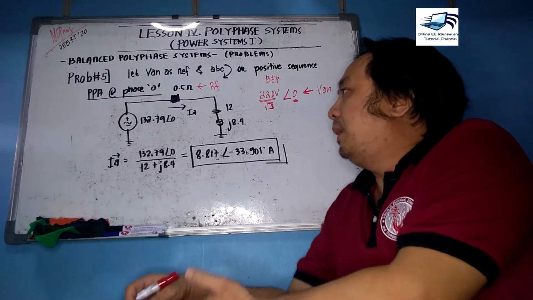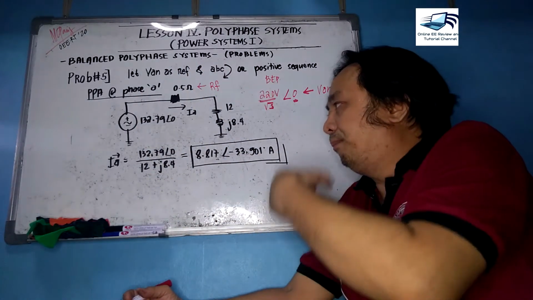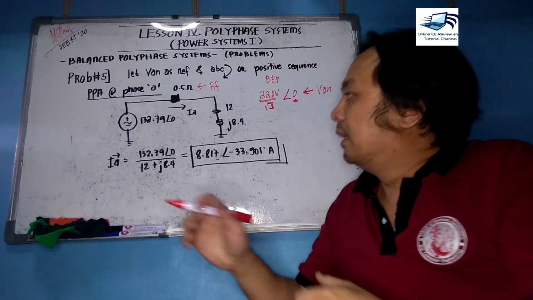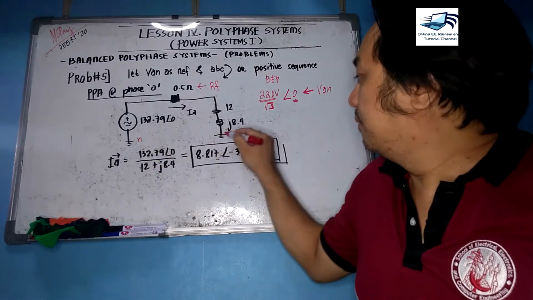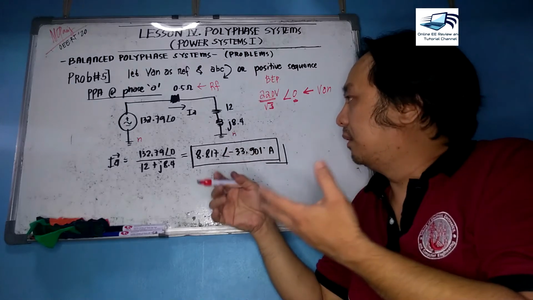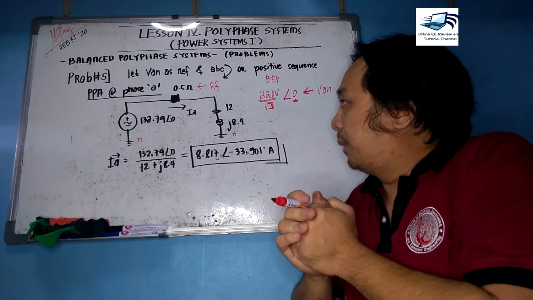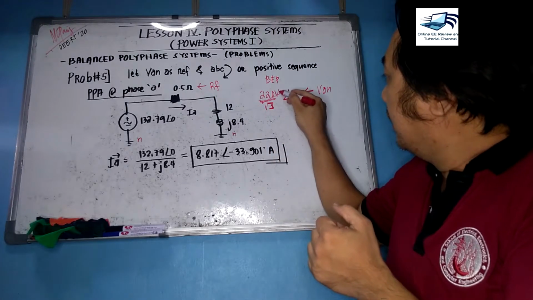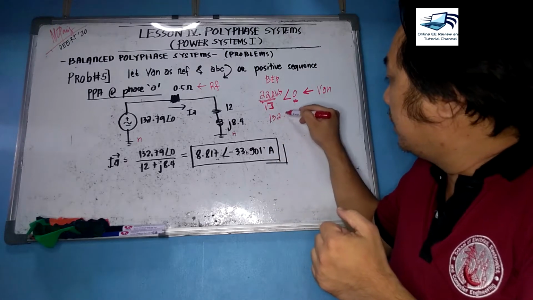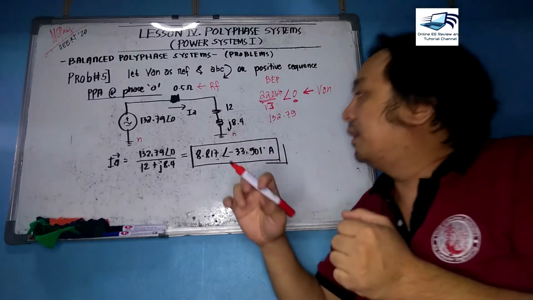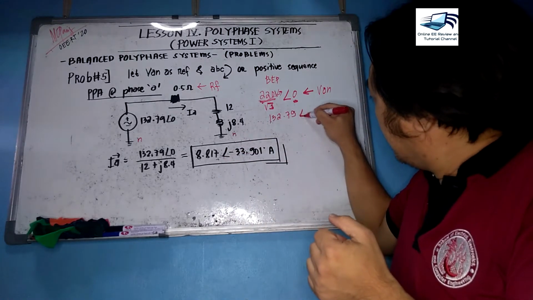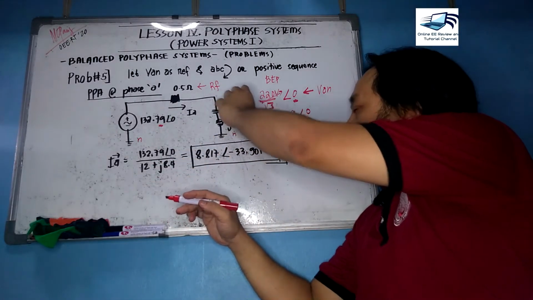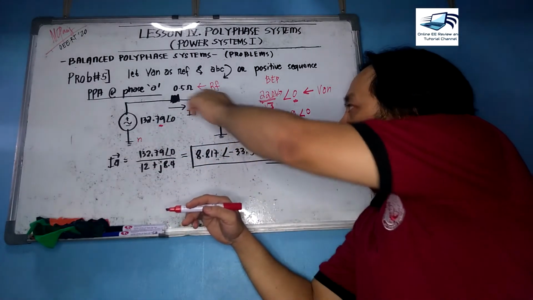And thus, having the per phase analysis of the whole system, we have this power system, the per phase analysis of problem number 5, and 220 over square root of 3 will lead to an answer of 132.79 angle 0. And then this is your Y connected load 12 plus J4 and your feeder resistance.